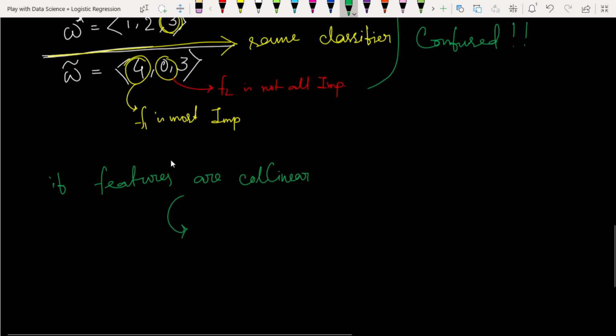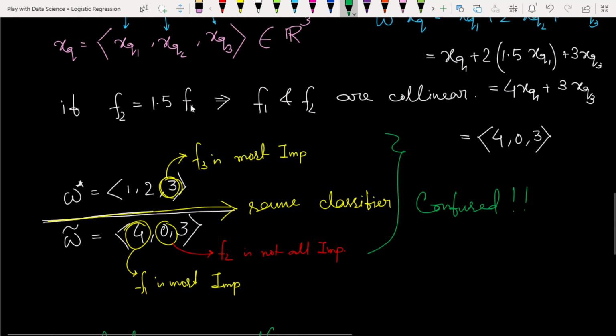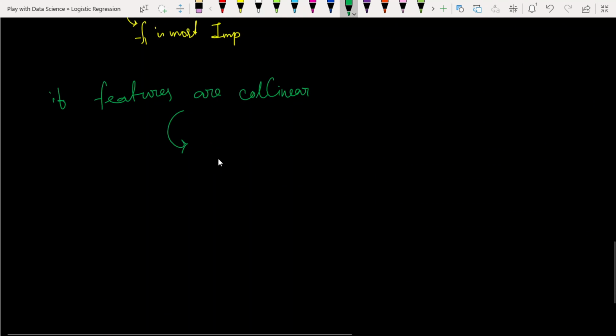You can see f1 and f2 are collinear; we took the weight vector 1, 2, 3, but at the end of the calculation we got 4, 0, 3. So our weight vector changes arbitrarily.